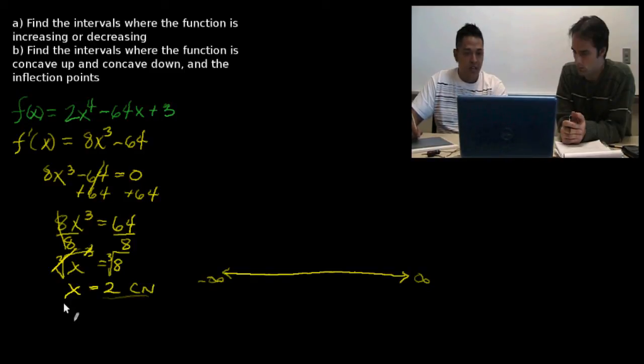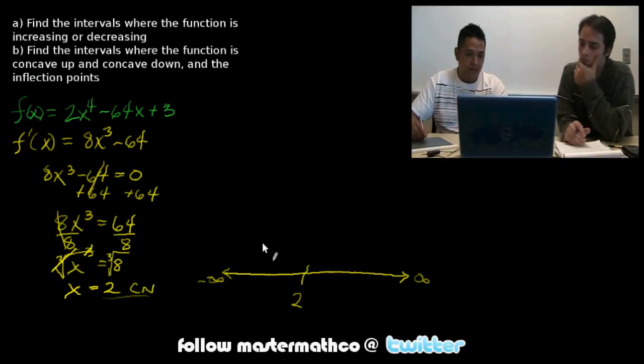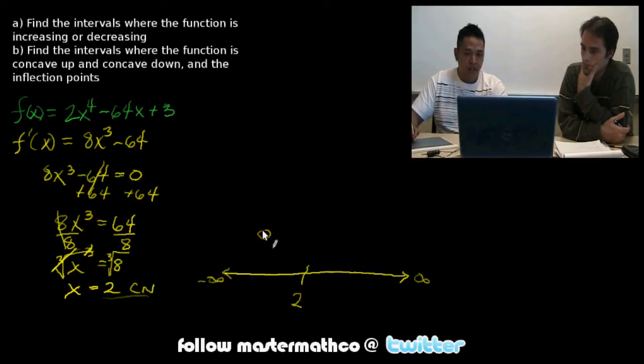In this case, we only have one critical number in our first derivative, so we're just going to have 2 test points. I think 0 and 3 would be good numbers. Sounds good to me.